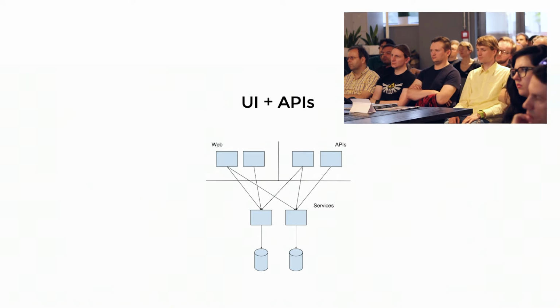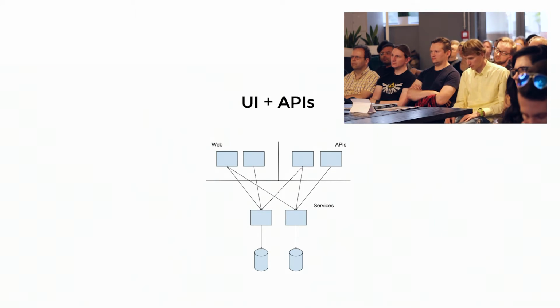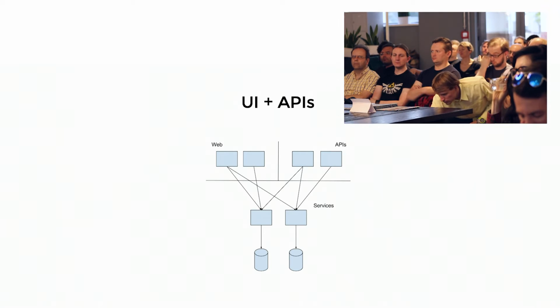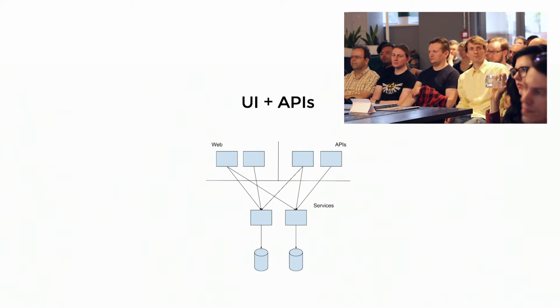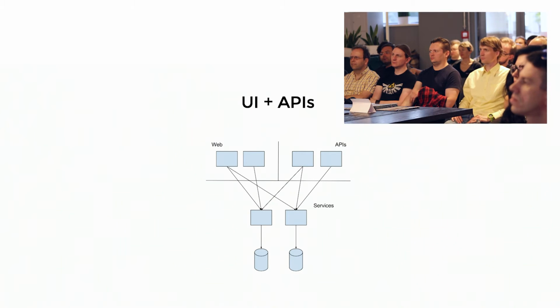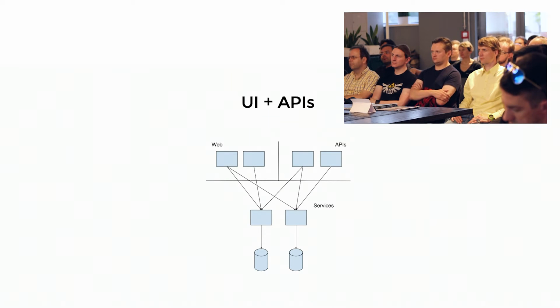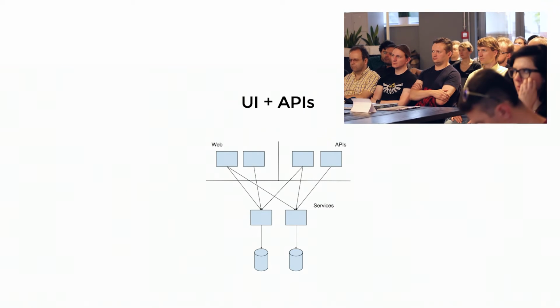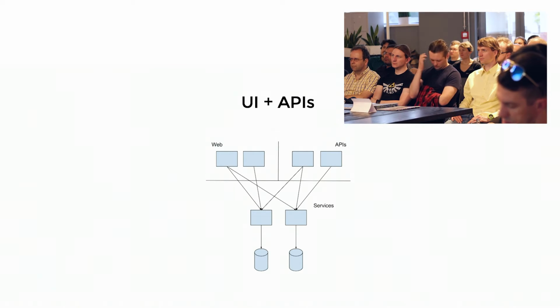So basically, all of these rectangular things are some kind of service. Some of them are serving HTML, some of them are serving JSON to the world, and some of them are running internally in our system and have a database. So nothing special so far, except that we now have a lot of remote connections involved. And everything is in its own Git repository, and everything is owned by a single team.